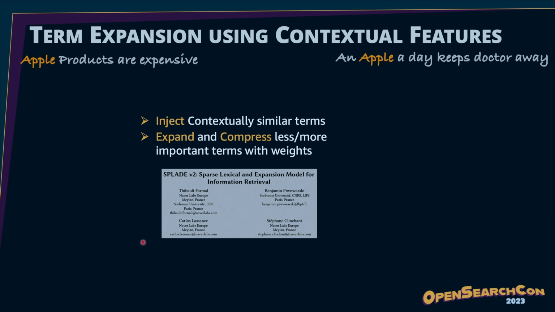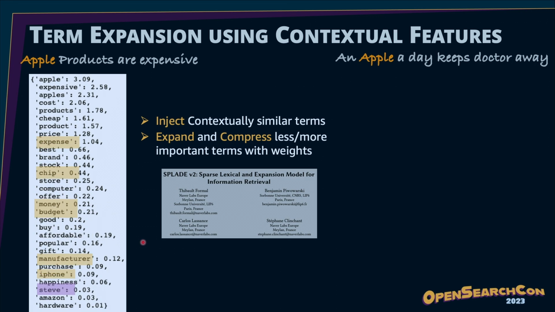Okay, so consider these two documents. Apple products are expensive, and an apple a day keeps the doctor away. I just took basic sentences, but with one keyword match, Apple, but in a very different context. Okay, so the first one talks about the brand, the gadget, the budget, right? They're expensive.